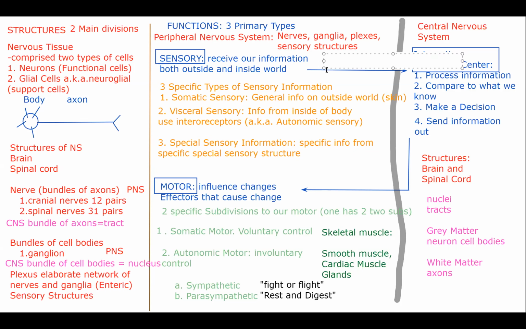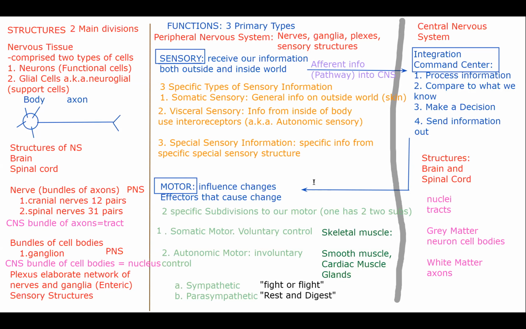So our sensory information is what we call afferent information, or it's the afferent pathway. Right, going, because it is going into the central nervous system. And I think I can fit that around my arrow. There we go.